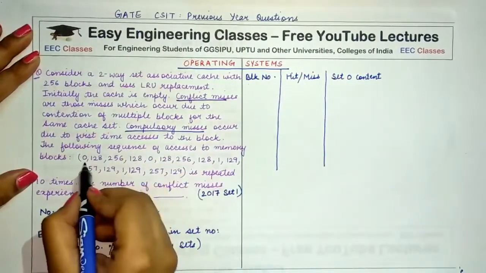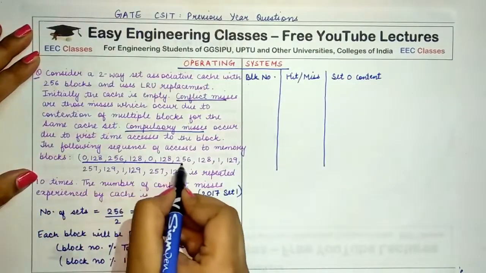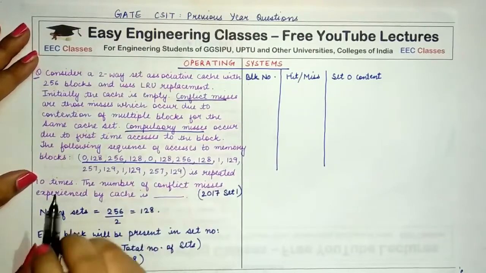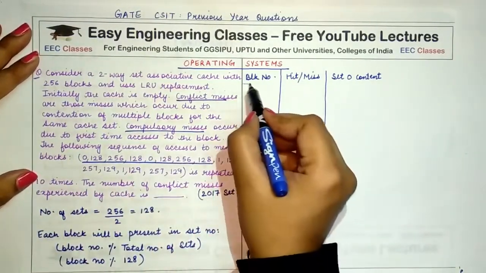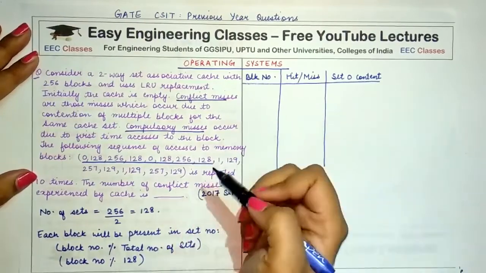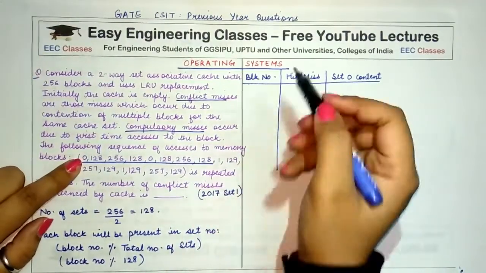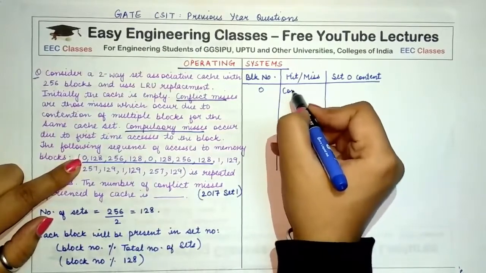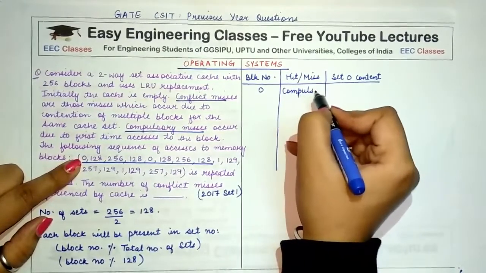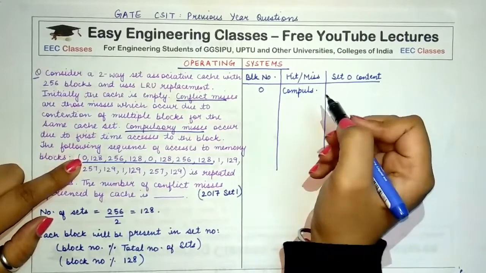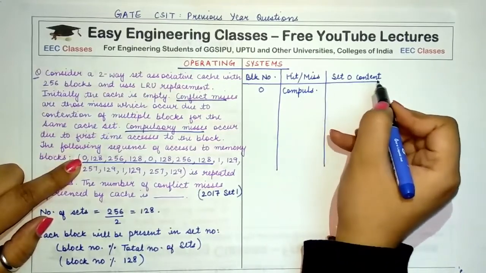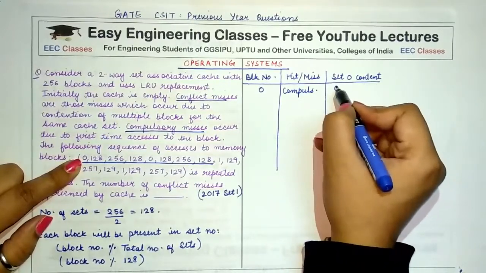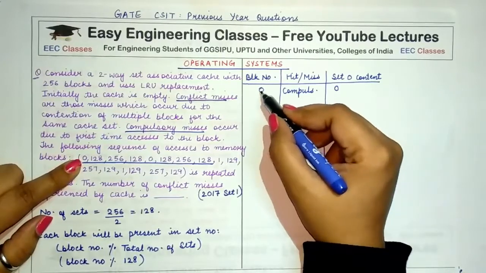I'm only considering these entries for the time being, and the reason will become quite clear soon. Initially, when block number 0 is accessed, it is a compulsory miss because it has not been brought into the memory before this. So it is a compulsory miss and the content of set 0 would be 0 after 0 has been brought into the memory.